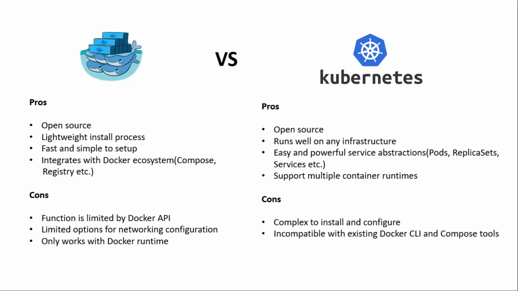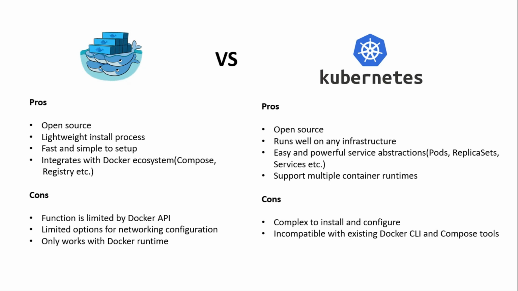Kubernetes pros: it is also open source and runs well on any infrastructure. Whether you are using Docker or Rocket, it has easy and powerful service abstractions: pod, replica set, service, replication controller, etc. It supports multiple container runtimes at the same time.